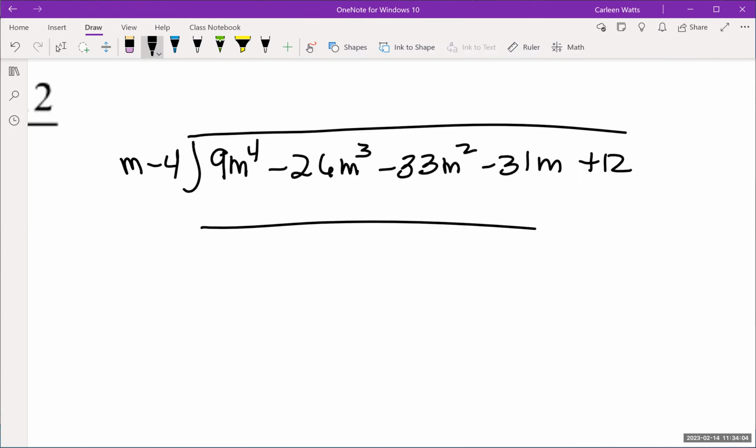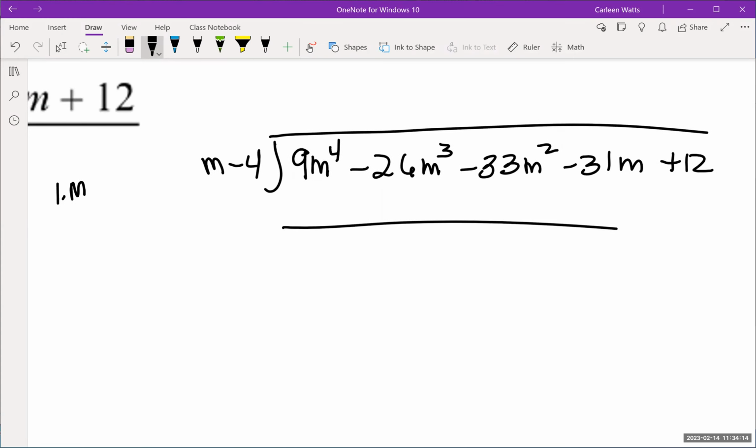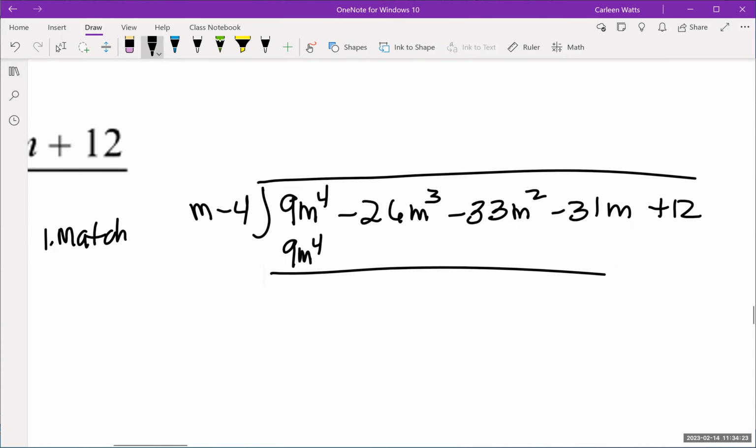Okay, what's step 1? Match. Yeah, make it match. So 9m to the 4th goes there. So what needs to go up there?